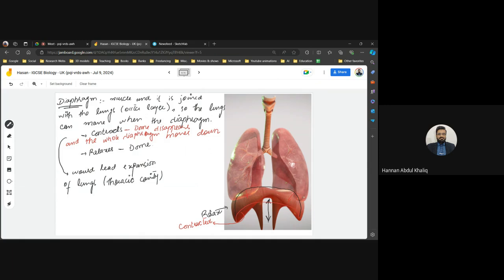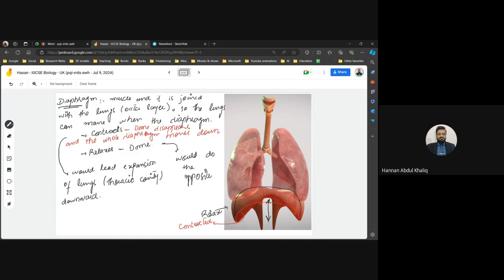So basically, when the diaphragm contracts, it expands the thoracic cavity downward. And relaxation would do the opposite.